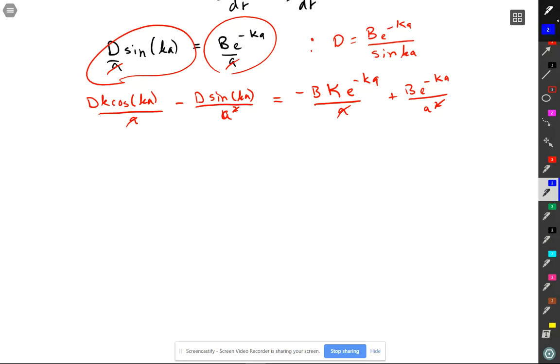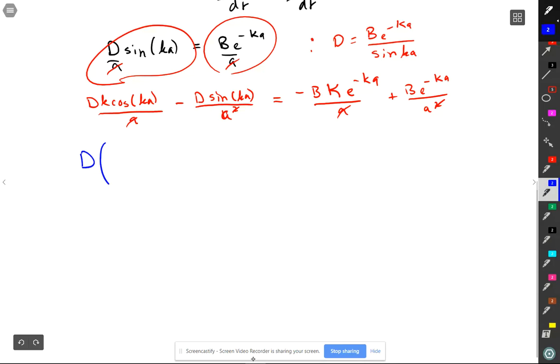So I'm going to follow the same thing I did here just to make sure I don't mess it up. So what this equation here, I wrote it differently in my notes. I multiplied both sides by a squared.